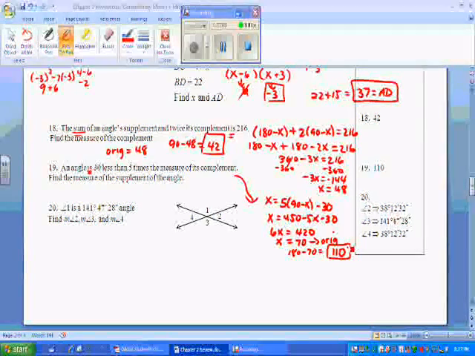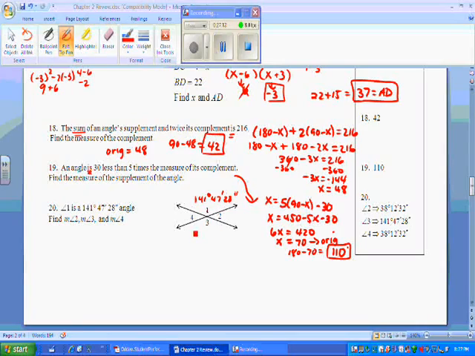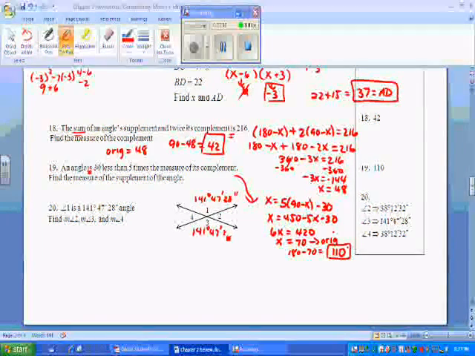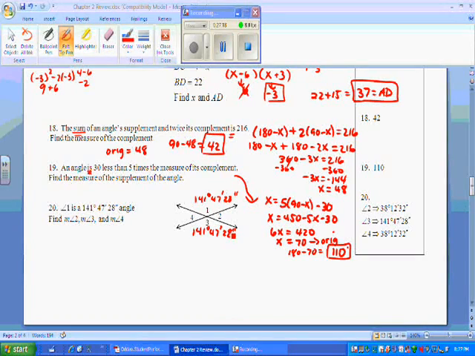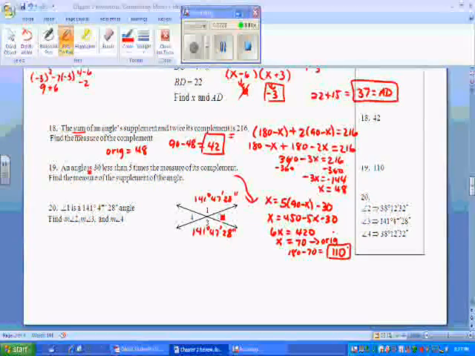And last but not least on this page, number 20, we have angle 1 is 141 degrees, 47 minutes, and 28 seconds. That's easy because that means angle 3 is 141 degrees, 47 minutes, and 28 seconds. Angles 2 and 4 are also the same because they're vertical angles to each other.